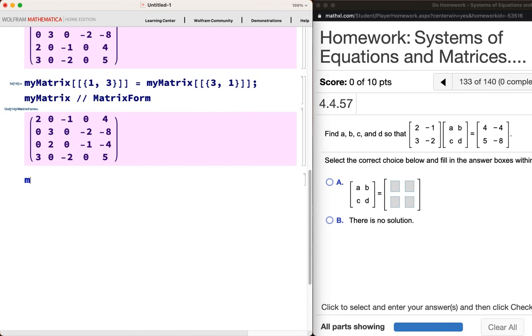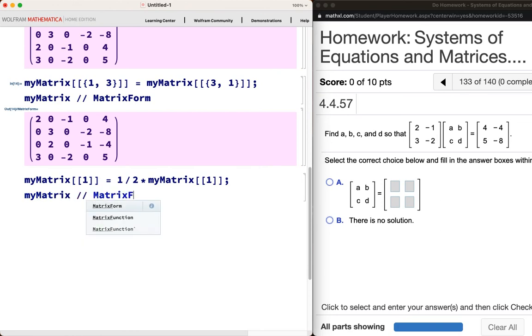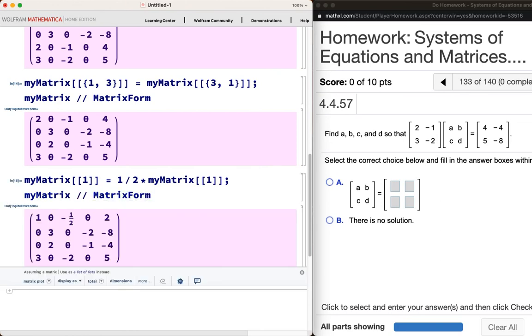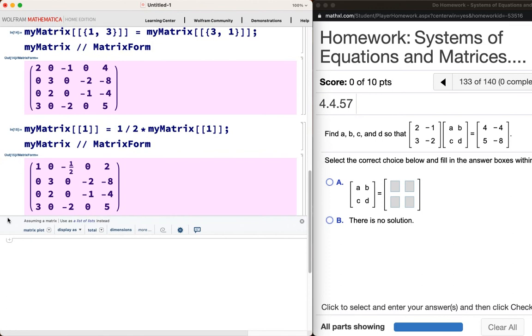And that's pretty easily done. My matrix, first row, is equal to 1/2 times my matrix, first row. My matrix form. Okay, we have zeros over here already.